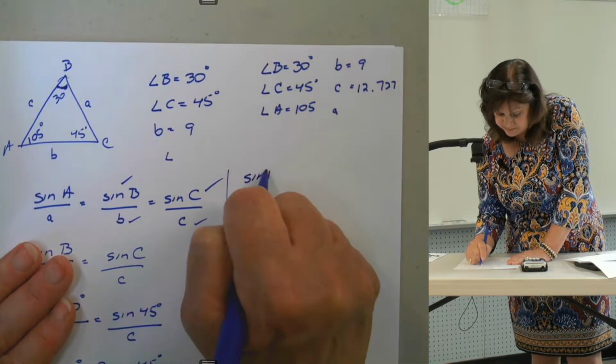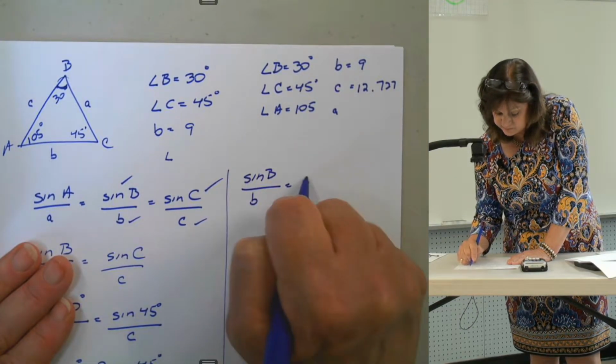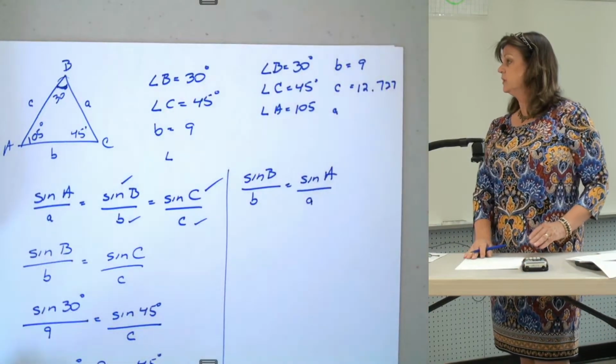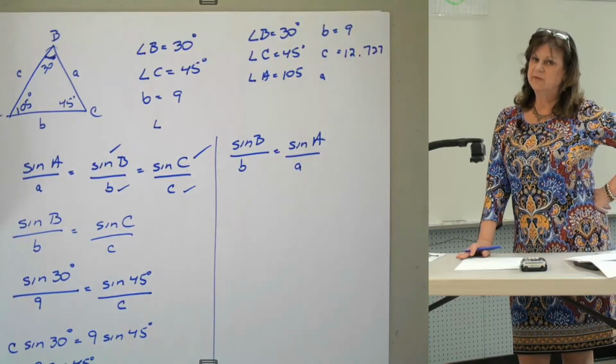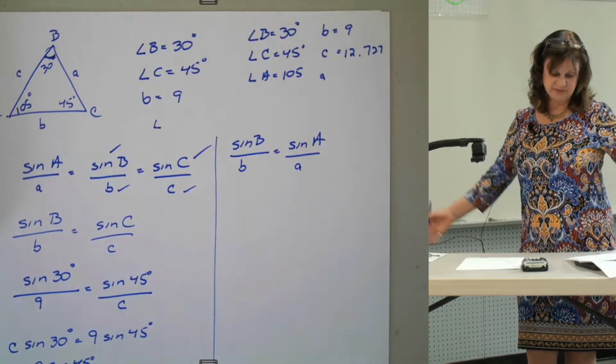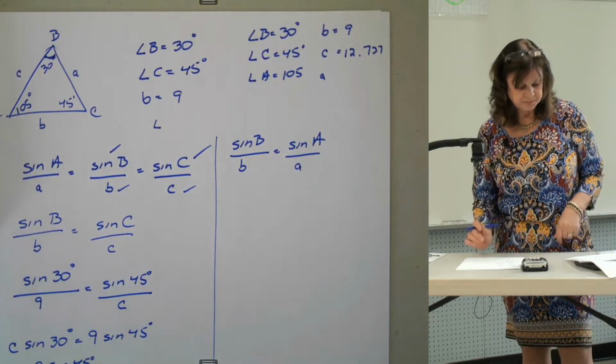Sine B over length B, sine A over length A. And at this point, if you're asking, well, why don't you just use Pythagorean's theorem? Remember, these are not right triangles. We can't use Pythagorean's theorem. So here we are.